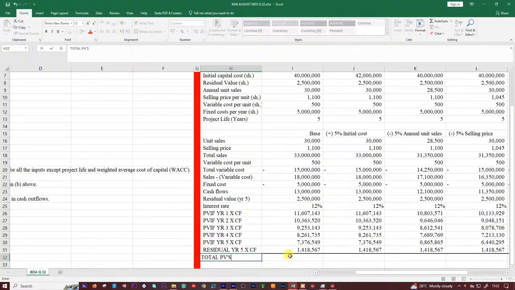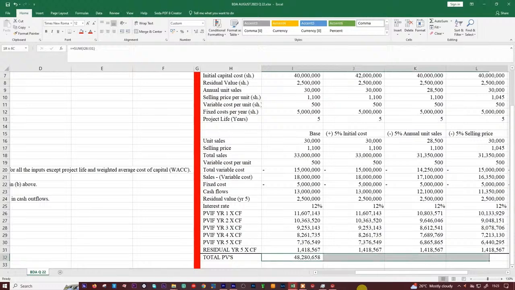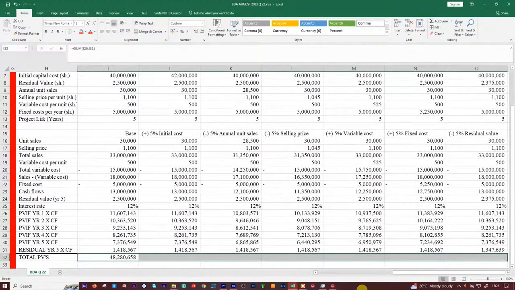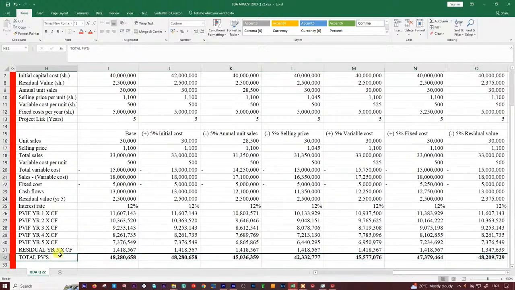The present value is going to be those ones there, up to there. Then I just drag it towards the right, Control R, it gets the total, and I bold that, Control B, as well as this one, Control B, to show that that's the total present values.